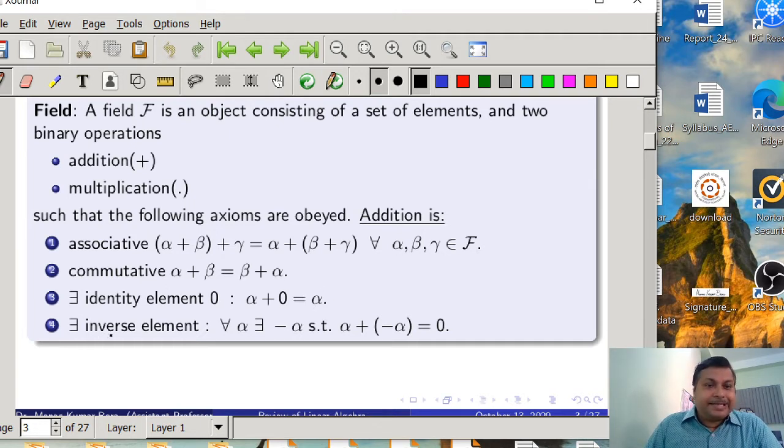Also there exists an inverse element, that is, for any element alpha you choose from the field, there exists minus alpha, such that alpha plus (minus alpha) will be equal to 0. So these are the axioms associated with addition that have to be obeyed by the set of elements in the field.